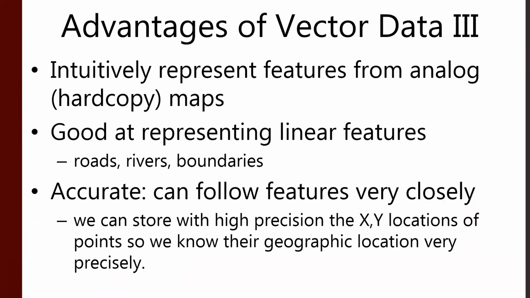Linear features, mentioned that, roads, river boundaries, all very good. And it can follow those features very closely. We can create vector data and have very precise XY coordinates, or we can take very precise XY coordinates and then create vector data from that. That's Lab 5. See how much fun we can have in GIS?